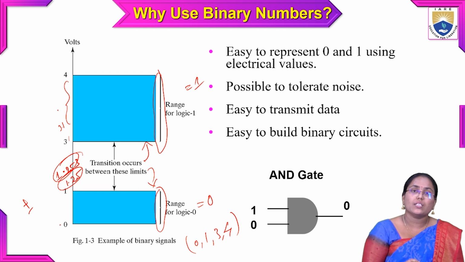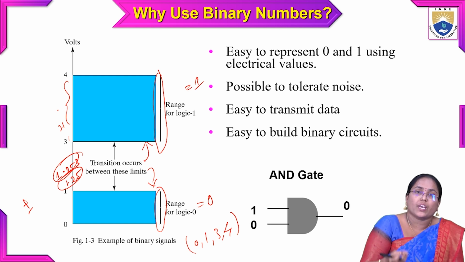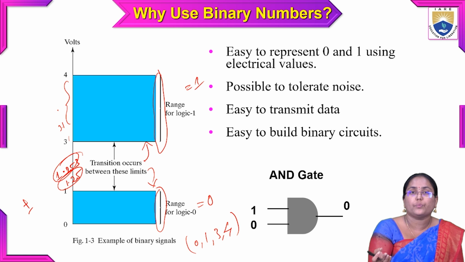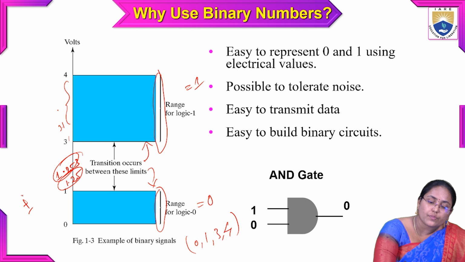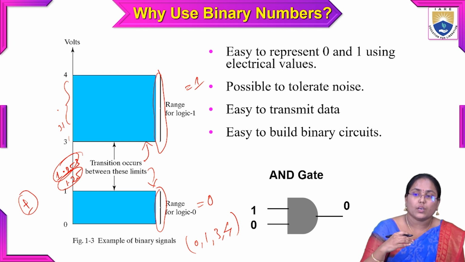We can't say ideally this is the value, but practically, because of different physical properties of that particular material, there will be tolerance for each and every device. This tolerance value will vary from one point to another, and from one time to another, because it might be changing due to atmospheric conditions, temperature conditions, or any other noises induced into the system.